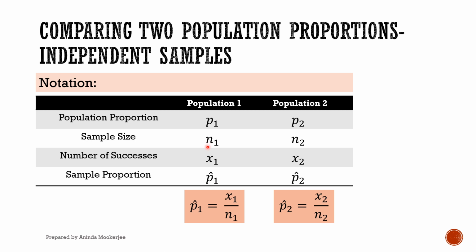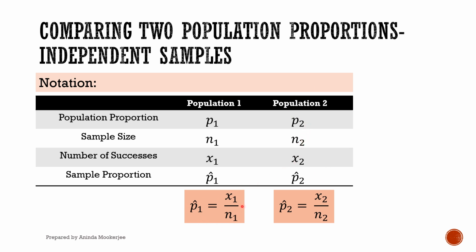As for the sample size, we are going to represent that as N sub 1 and N sub 2. Number of successes from population 1 is going to be X sub 1. From population 2, it's going to be X sub 2. And for sample proportions, it's going to be P hat sub 1 and P hat sub 2 for population 2.